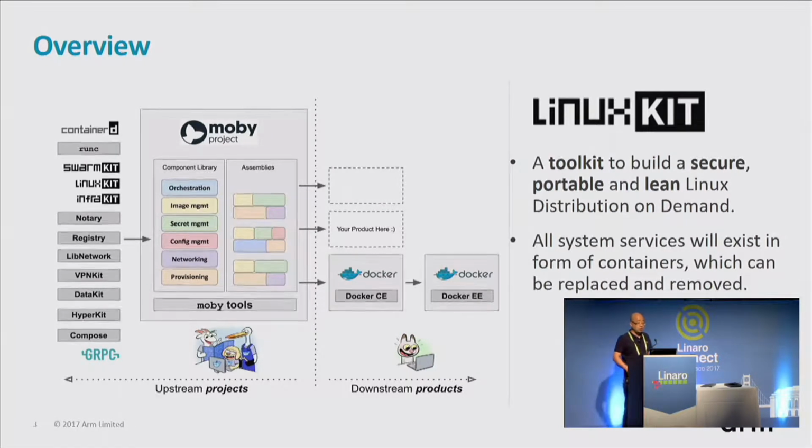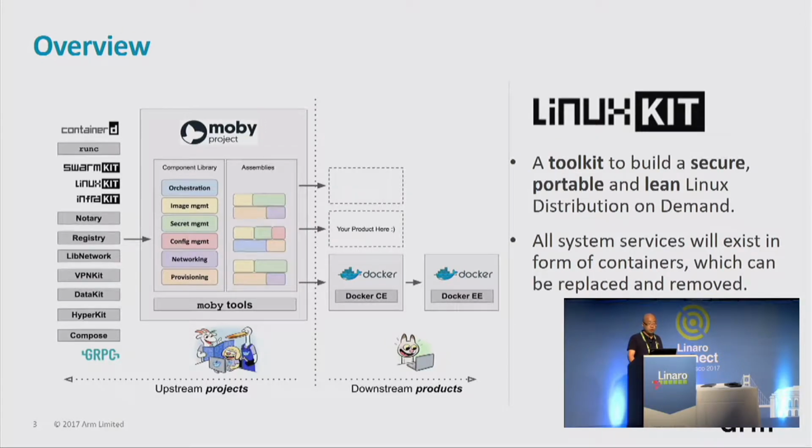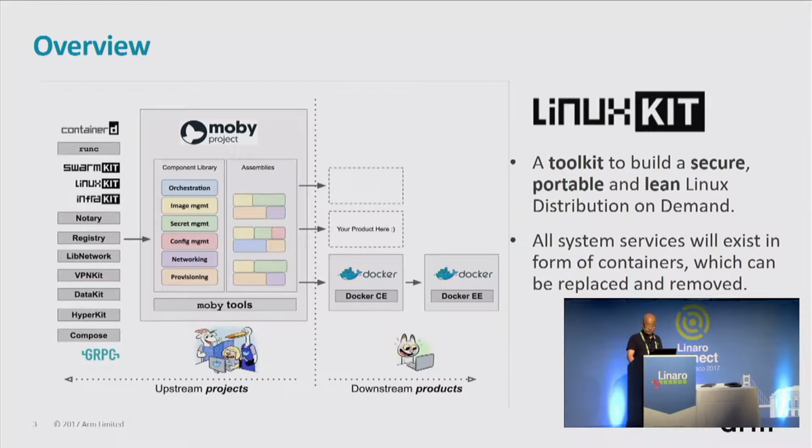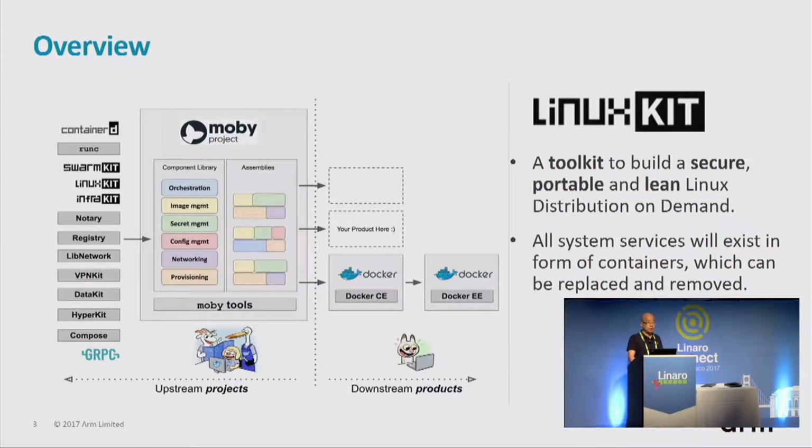Generally, we use the upstream project to generate the downstream products. For example, you can build the Docker product from the Moby projects. Of course, you can create your own product according to the requirements of your specific use case or scenario.